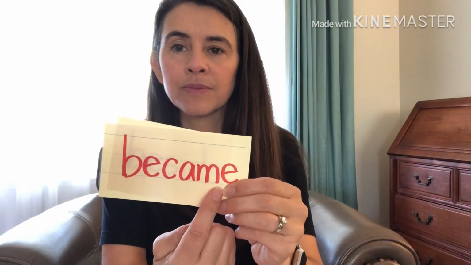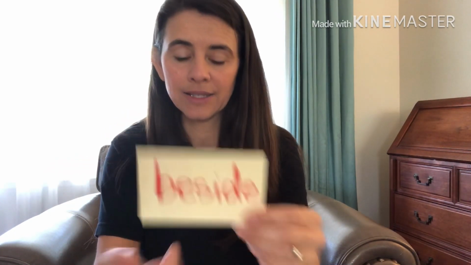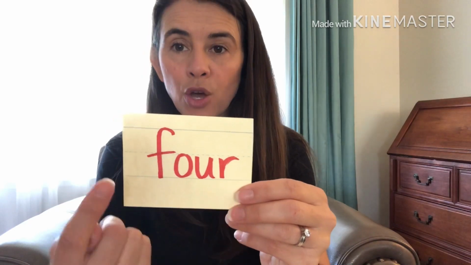Let's read some sight words. Will you read it first and then I will read it after you? Ready, go. Alone. Became. Beside, like I would like to sit beside my friend. For, like this is the number 4.